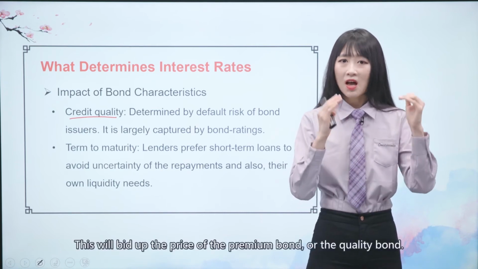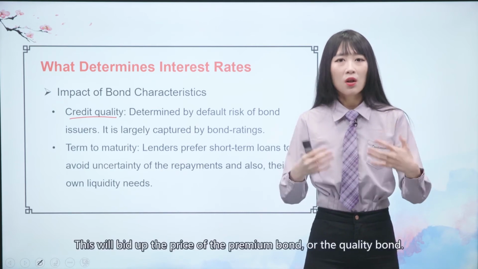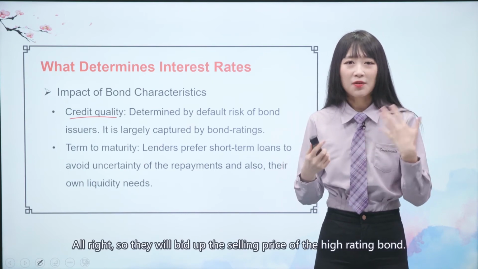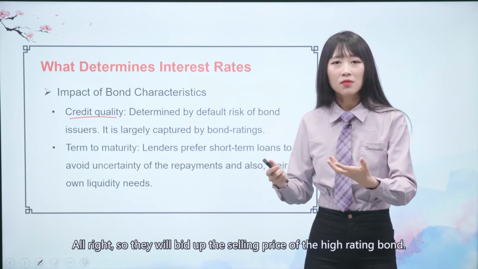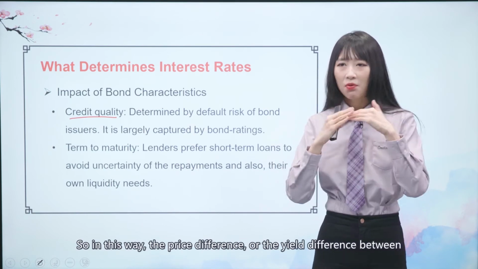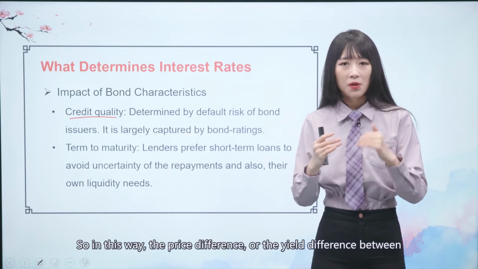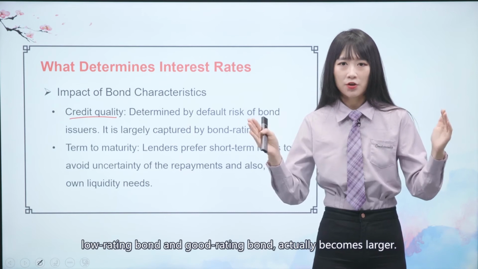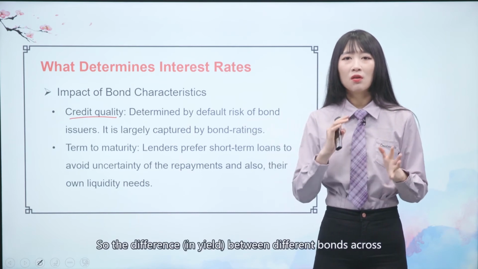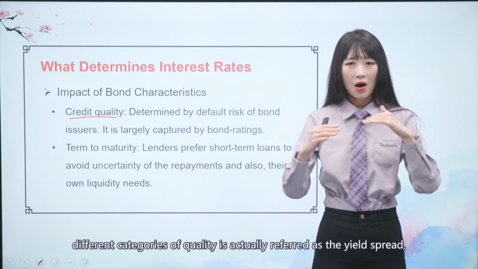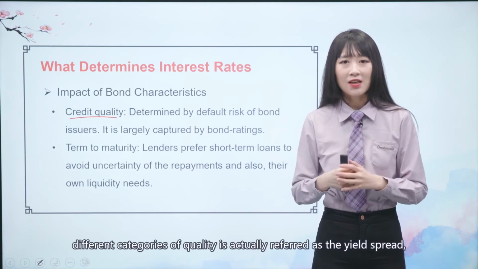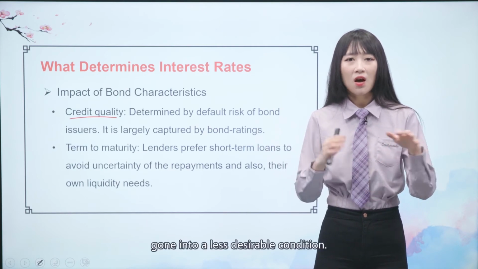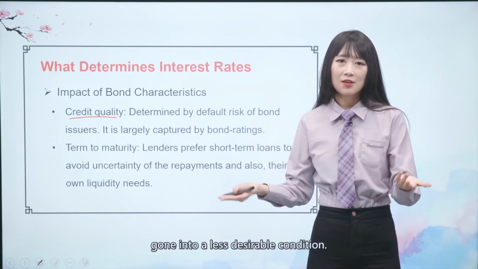This will bid up the price of quality bonds. All right, so they will bid up the selling price of the high rating bonds. So in this way, the price difference or the yield difference between low rating bonds and good rating bonds actually becomes larger. The difference between bonds across different categories of quality is referred to as the yield spread, which could be larger when the economy goes into a less desirable condition.